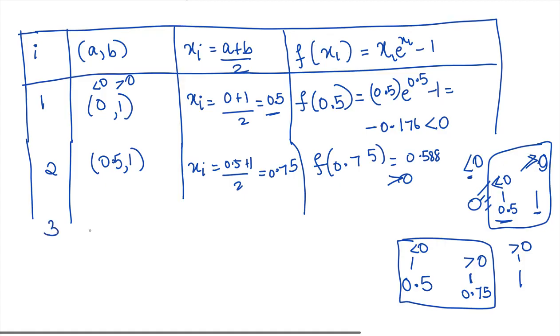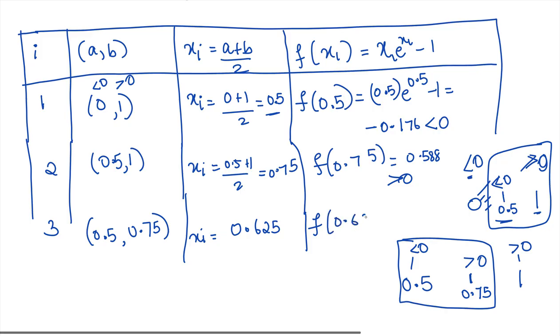So our next interval is 0.5, 0.75. That means our root is somewhere between these two numbers. Now what is xi? 0.5 plus 0.75 divided by 2, which is nothing but 0.625. Now what is f of 0.625?